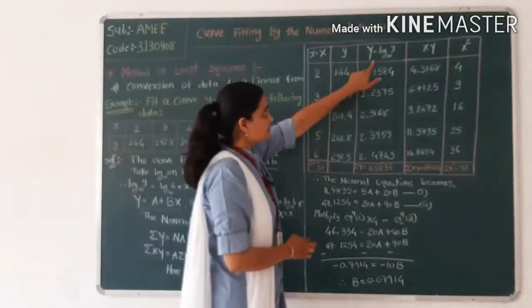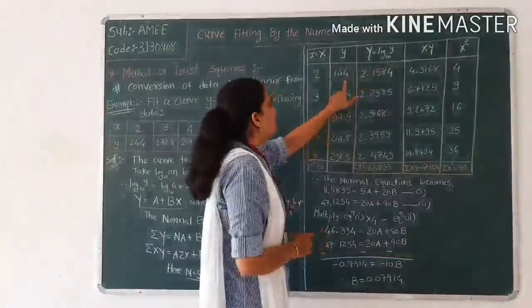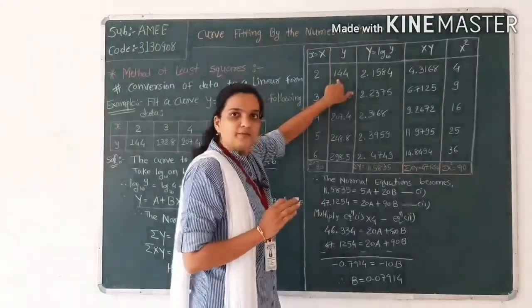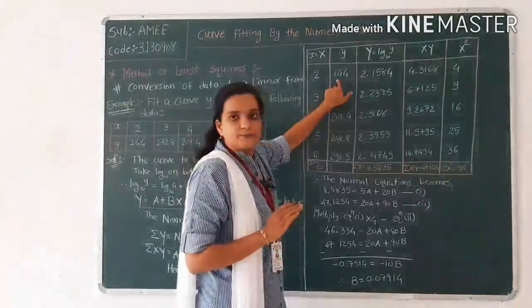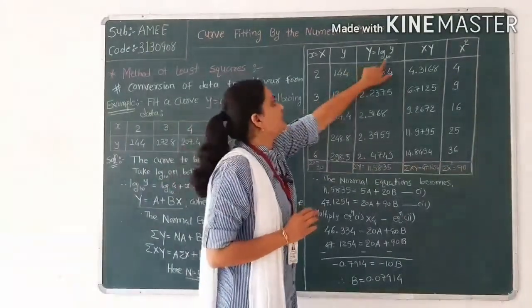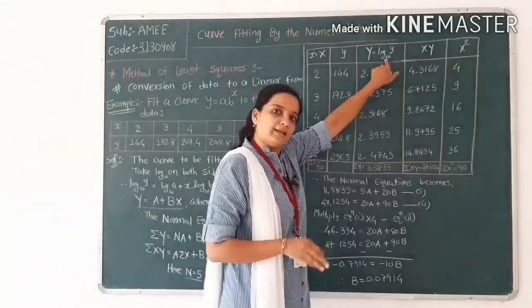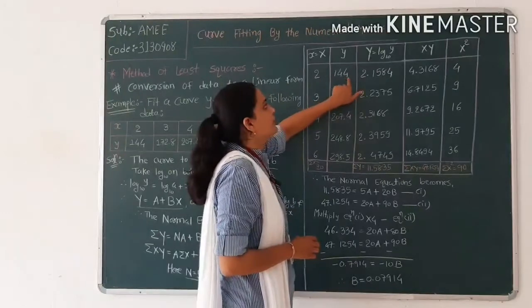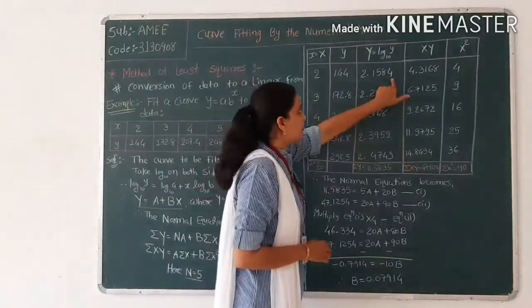In the calculator we find the log values. We use the log key, because here it is given to the base 10. If it is given to the base e, we use ln. So the first value, log 144, gives 2.1584.